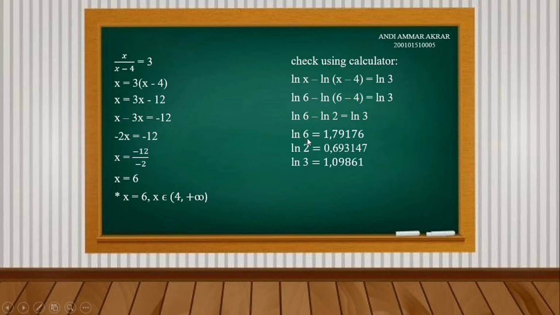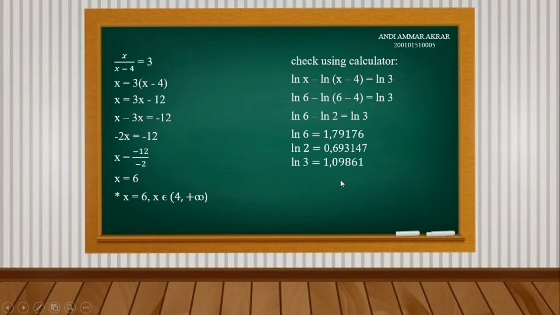Ln 6 equals 1.79176, ln 2 equals 0.693147, ln 3 equals 1.09861.